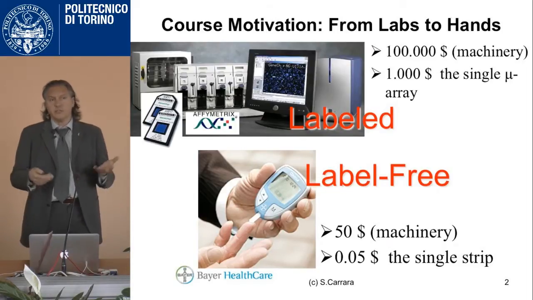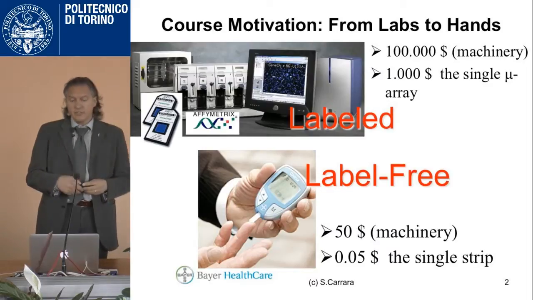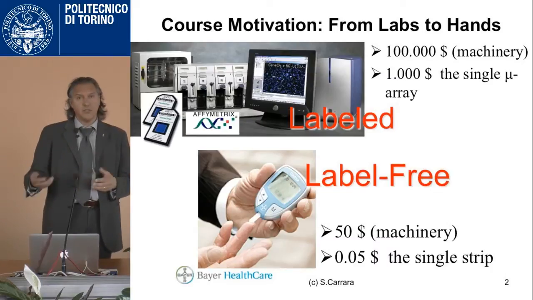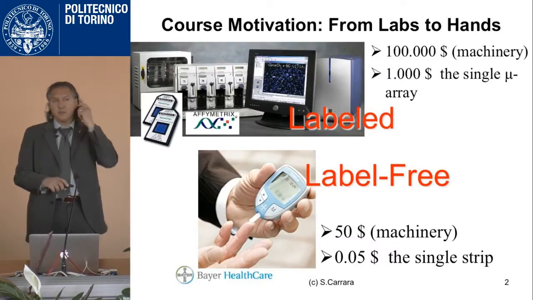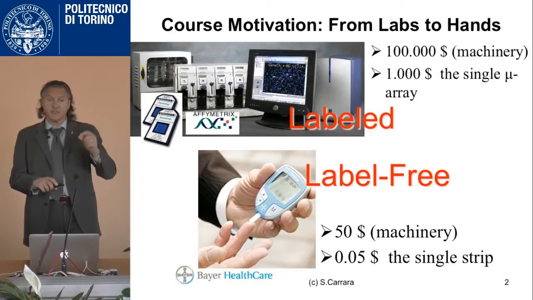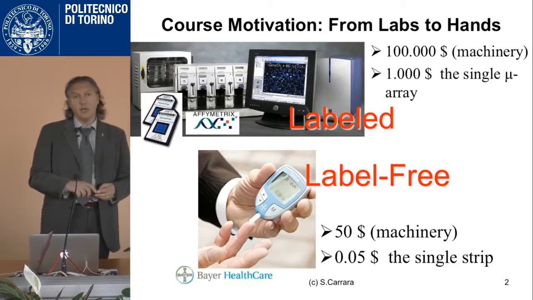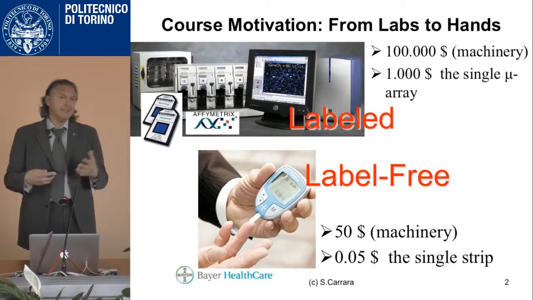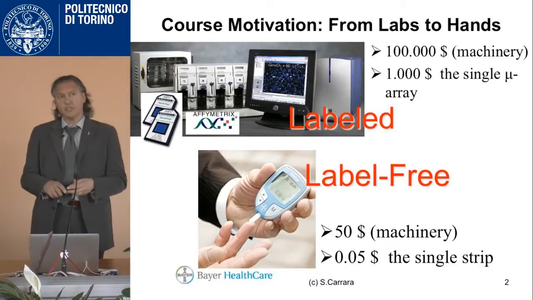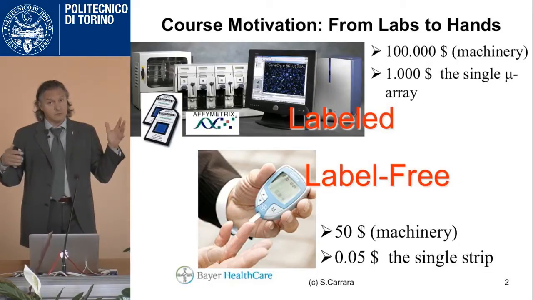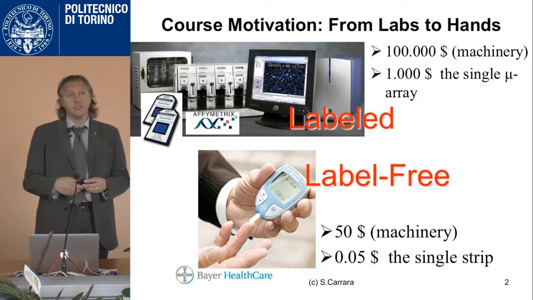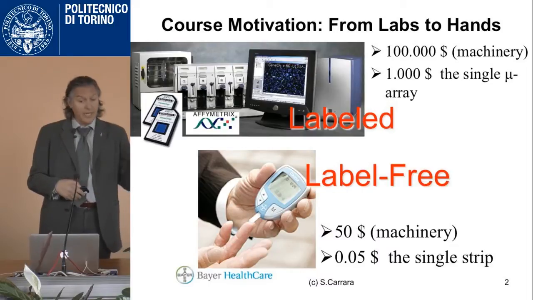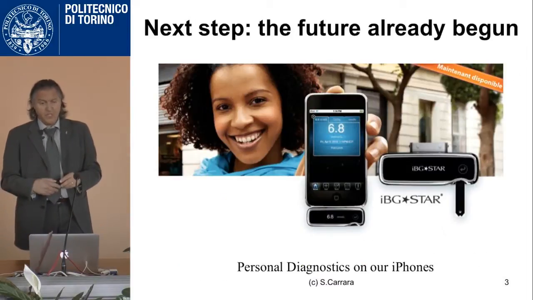With $50 or 50 euros, you can buy the reader, and the production cost, not the cost the patients pay in the pharma shop, but the production cost of each single strip is below 5 cents, so an extremely low-cost technology. So the idea, the worldwide effort which is running now, is to try to develop new kinds of technology in order to bring into our hands also complex detection methods, like, for example, the Affymetrix one.